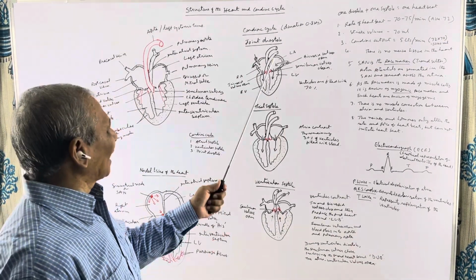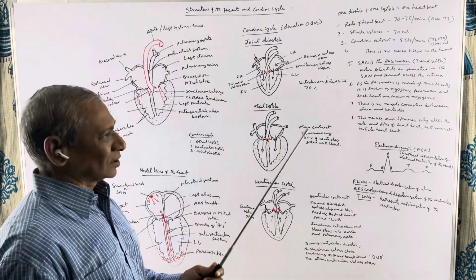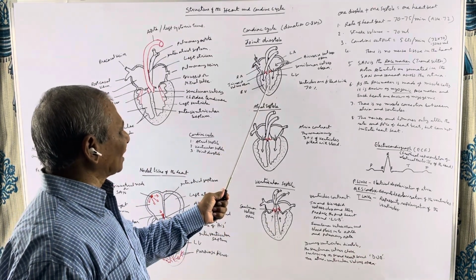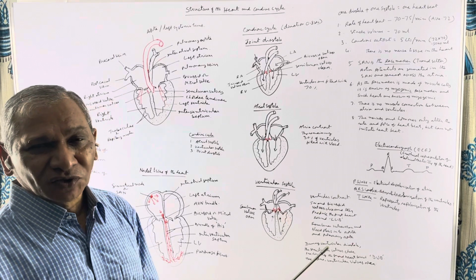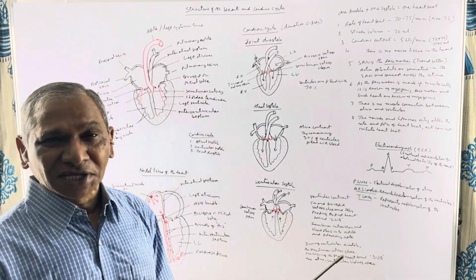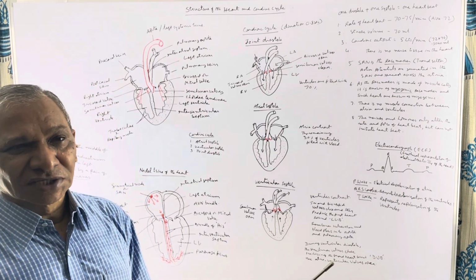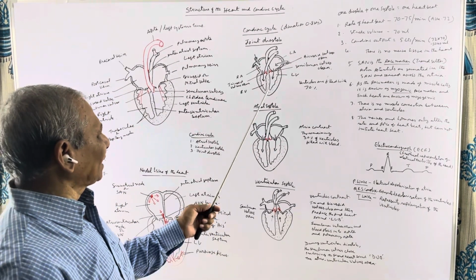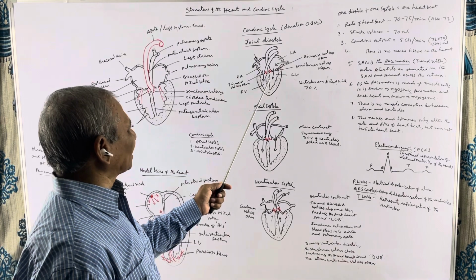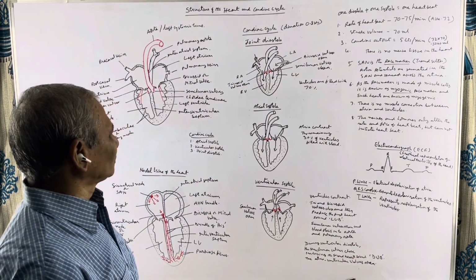So, at the end of joint diastole, the ventricles are already filled with blood up to 70%. That means the ventricles are filled with blood up to the level of 70% by the end of joint diastole.